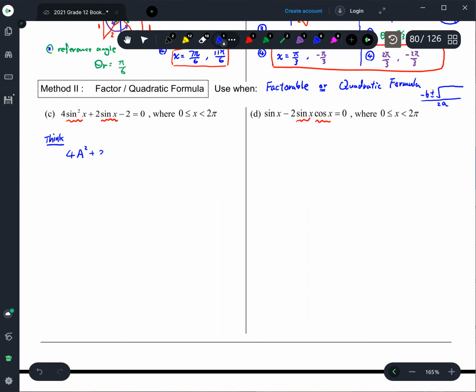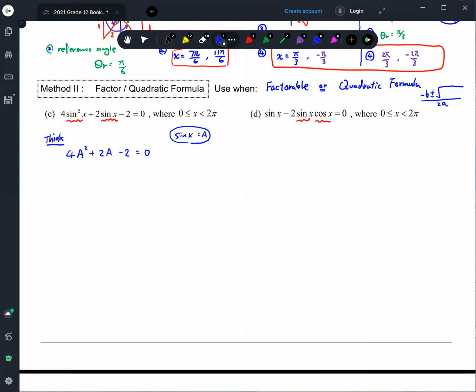Plus 2a minus 2 equal to 0, right? You pretend the question like this. So the sin x is the a. Okay, if I replace the sin x with a, then the equation looks like this. This is called a quadratic equation.